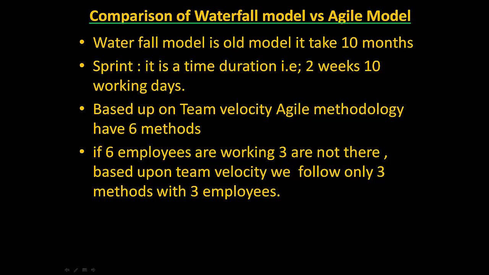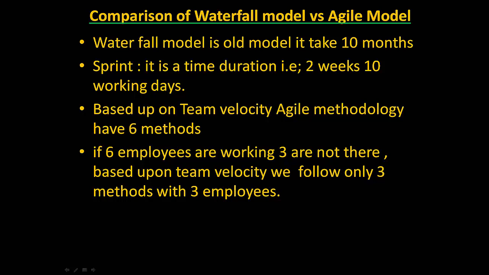Based upon team velocity, the agile methodology has 6 methods. For example, some employees are not working, due to personal constraints, or because they have quit the team, or due to homesickness or illness.